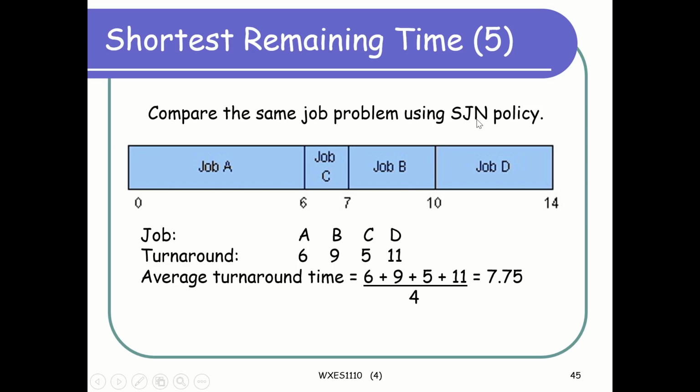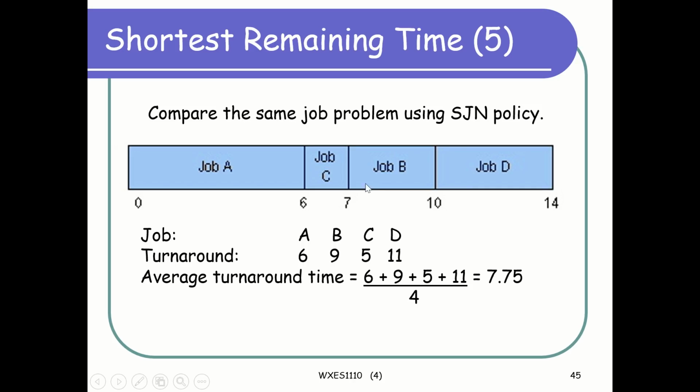Compare the same job problem using the SJN policy. Let's say job A comes first, 6, and all other jobs are in the queue. When A comes first, you have to complete A for SJN, shortest job next, and then you have B, C, and D. C has the shortest job time, so C has priority first.